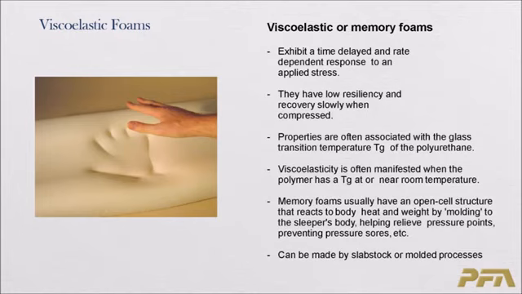By targeting a glass transition temperature around room temperature, as you lay on it, the foam picks up your body heat, softens, and molds into the shape of your body. These can be made by either a continuous or a molding process.